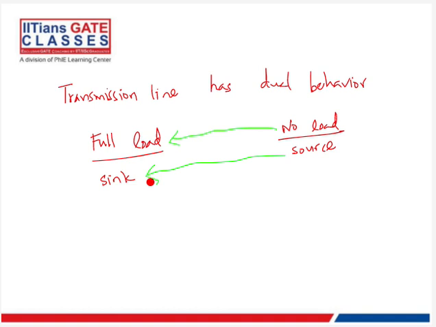Right. So let me go back to the board. We looked at the equation yesterday, right? Voltage at the receiving end is basically K times Q, or K is what?